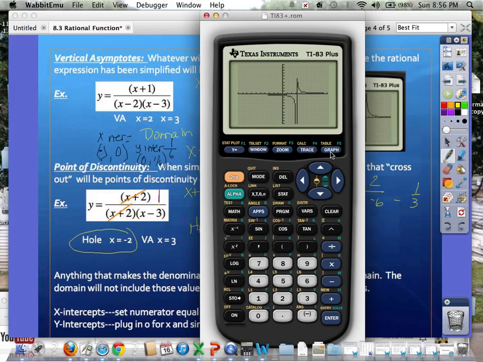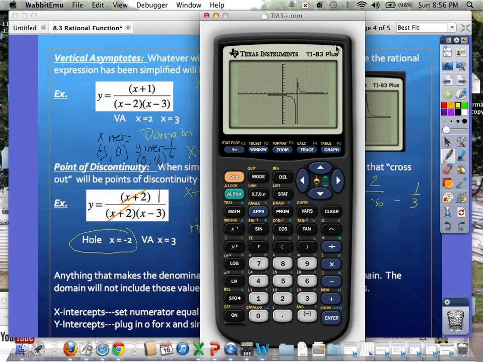Okay, so when you're talking about the x-intercept, this is not an intercept right here at 3. Okay, and if I was to plug in a 0 for the numerator to get my x-intercept, that wouldn't work either because it doesn't actually cross. That never will cross, so you have to simplify it first, so there is no x-intercept here, okay?